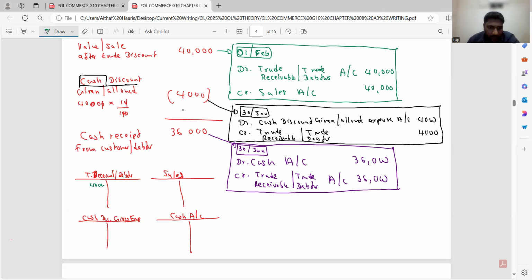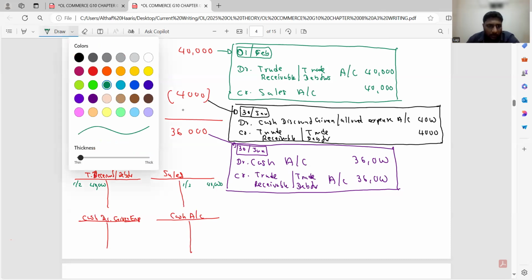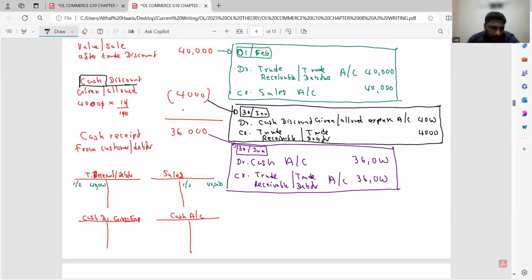Debit 40,000, credit 40,000, 1st February. 4,000, 30th June, 4,000.